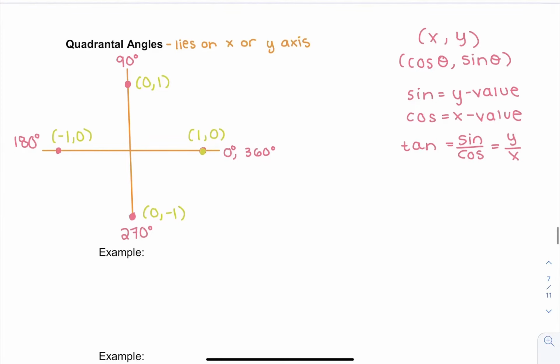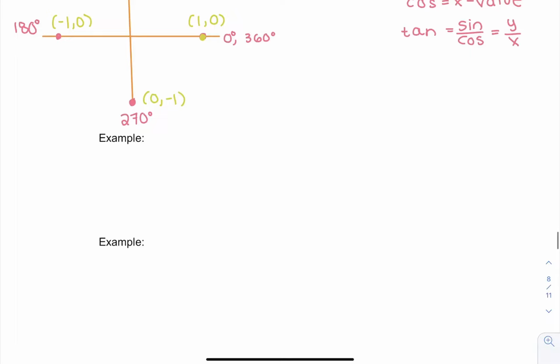So let's try to figure out the sine or cosine given some quadrantal angle. So we could do cosine of 180, but just to make it a little trickier, let's try cosine of negative 180. What that means is I'm spinning around the circle, but I'm moving clockwise now. So if I go clockwise, or negative 180, I end up here at this point right here.